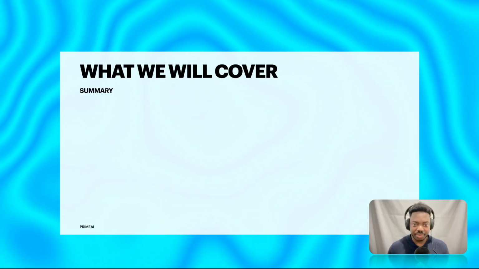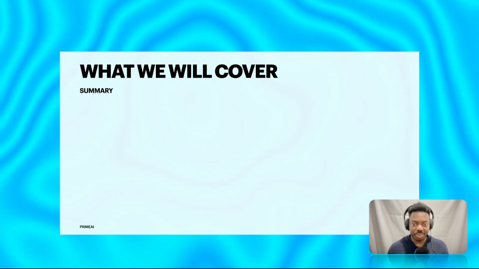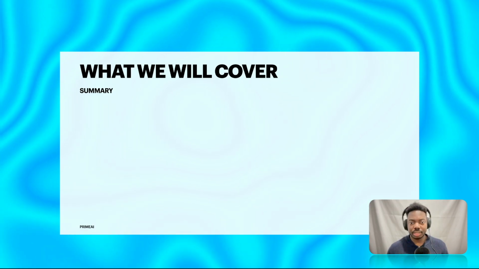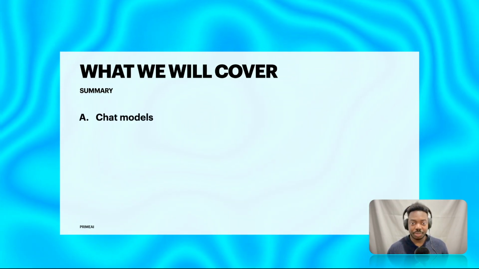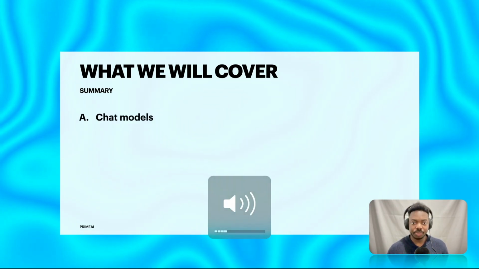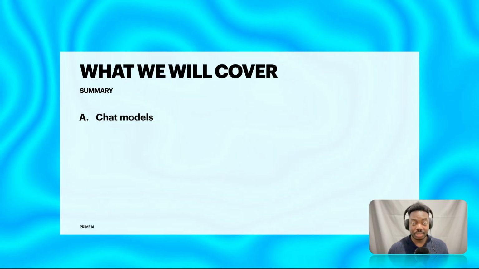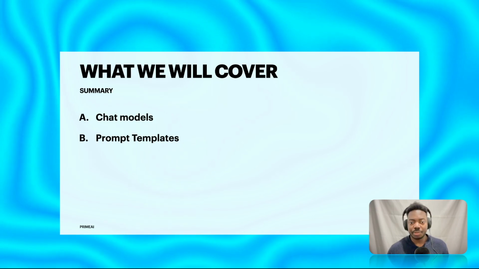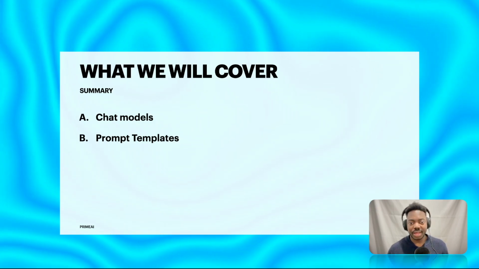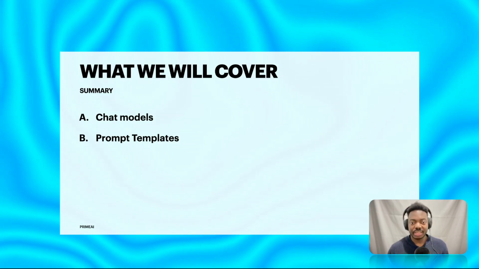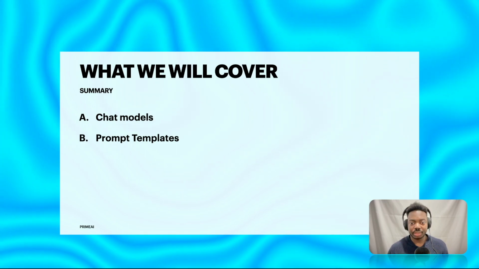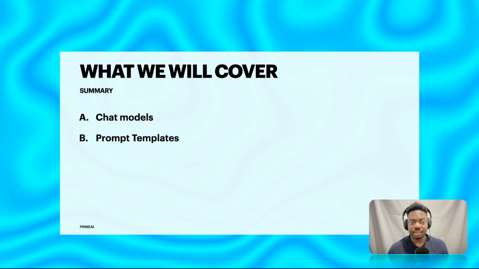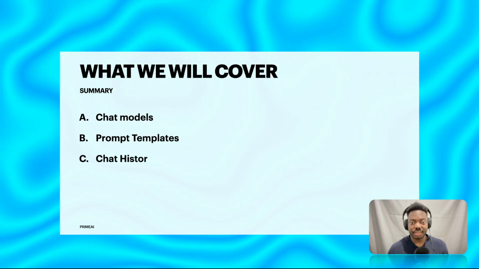Here are a few of the high-level components we'll be working with. First, chat models. The chatbot interface is based around messages rather than raw text. Secondly, we will be covering prompt templates. Prompt templates simplify the process of assembling prompts that combine default messages, user input, chat history, and optionally, additional retrieved context.